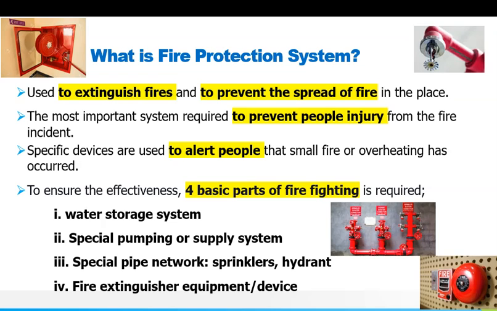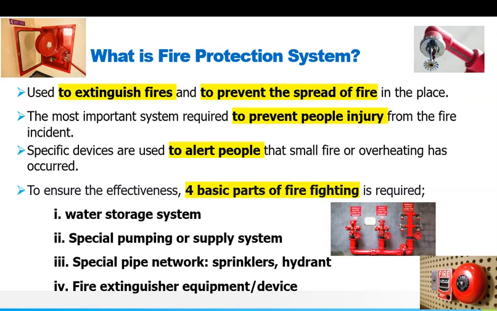And to ensure the effectiveness of the fire protection system, 4 basic parts are required. Water storage, okay, you must have enough water storage, and also you need a special pumping or water supply. Sometimes you have the storage but you don't have the power to deliver the water, so it won't help in fire protection.